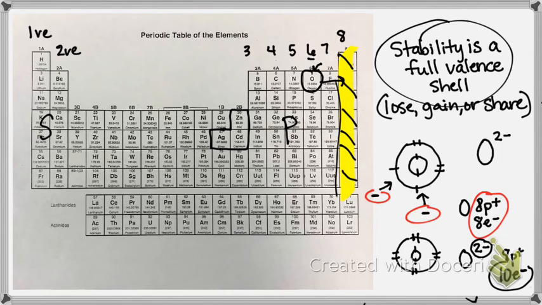So this makes it have a charge of 2 negative. This is what is known as the ionic charge, okay? It's also known as an oxidation number, okay? So that's what that 2 negative is.